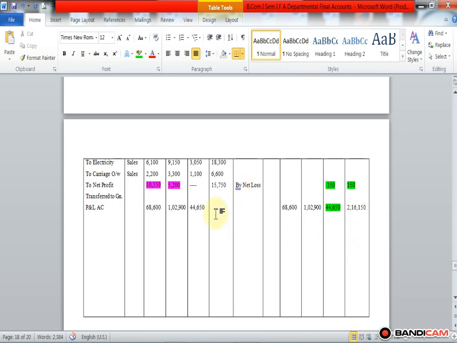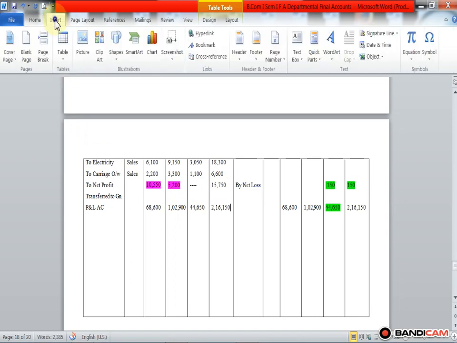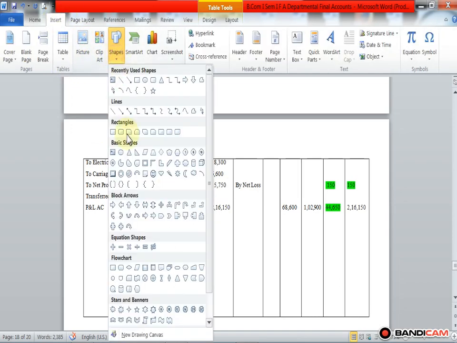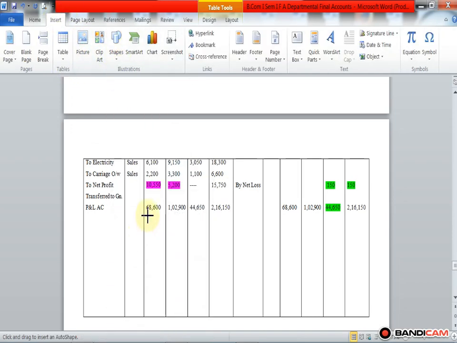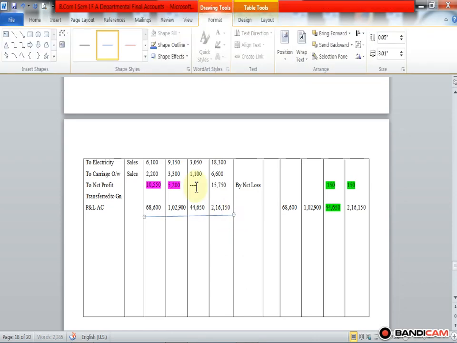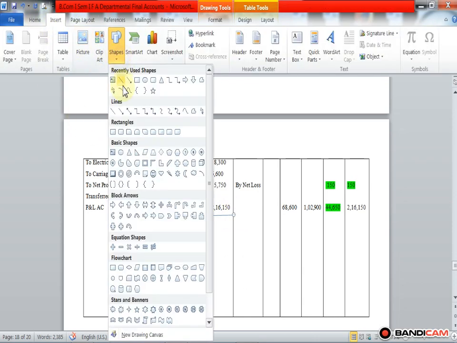Here also 2,16,150 is the total of the departmental business organization.